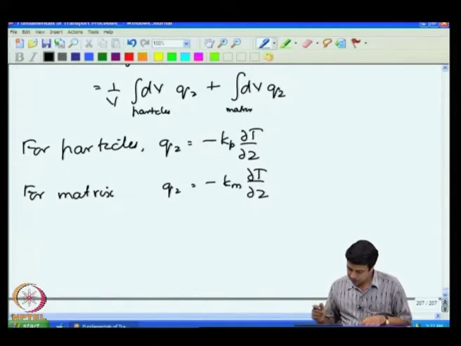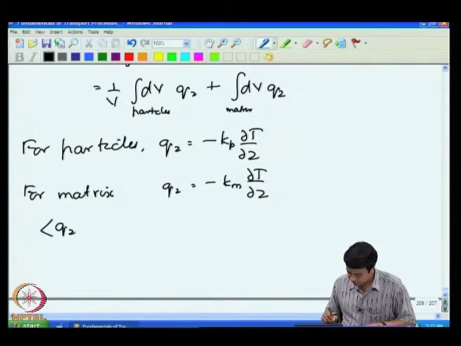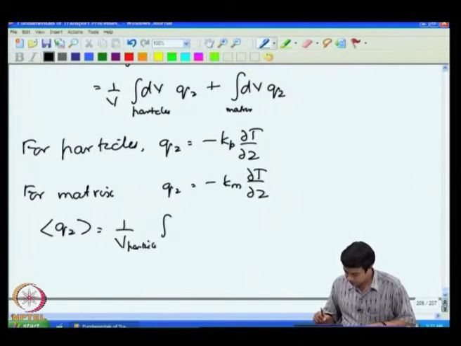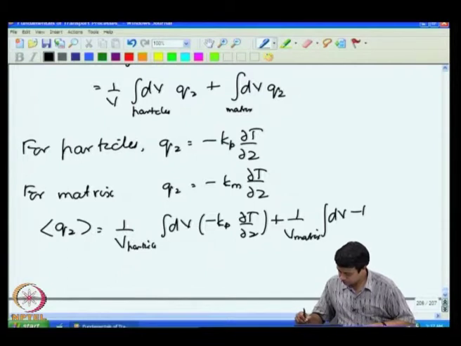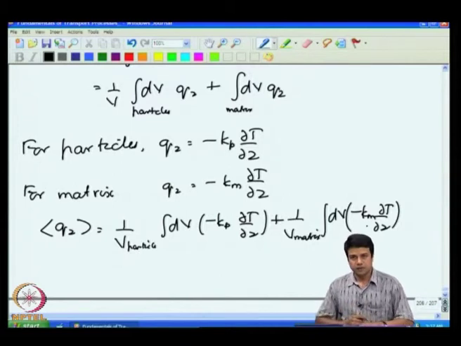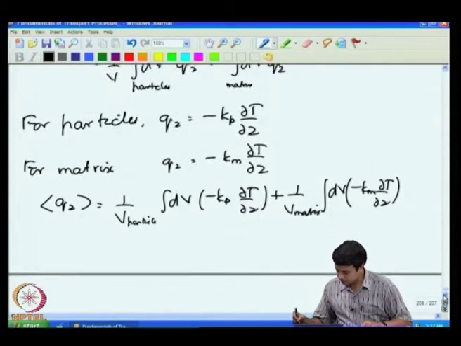So, therefore, I can write the average of q as 1 over V, summing over the particles and over the matrix.